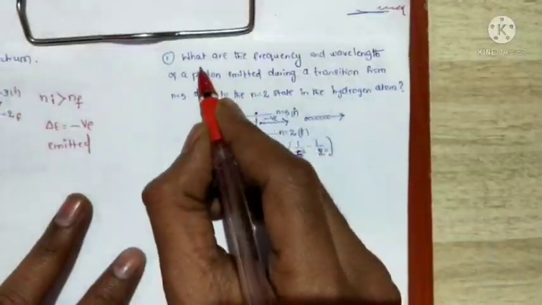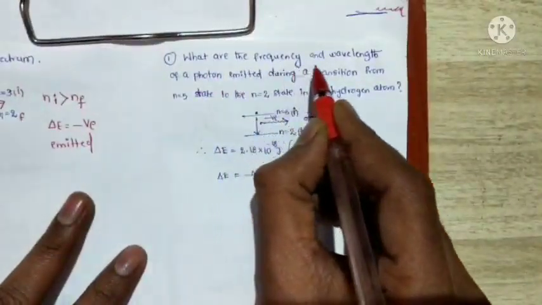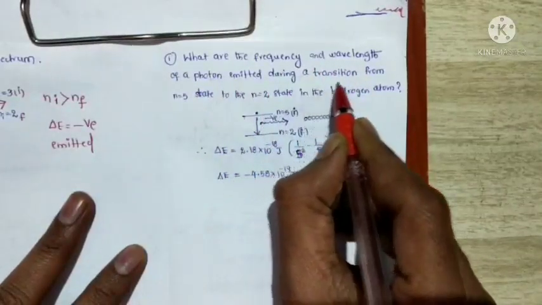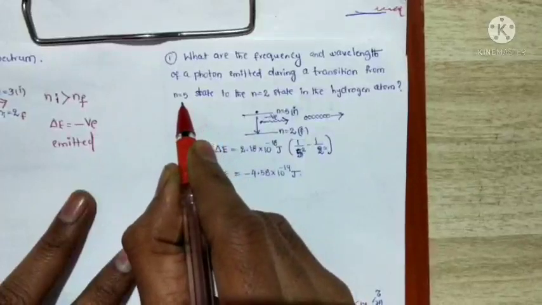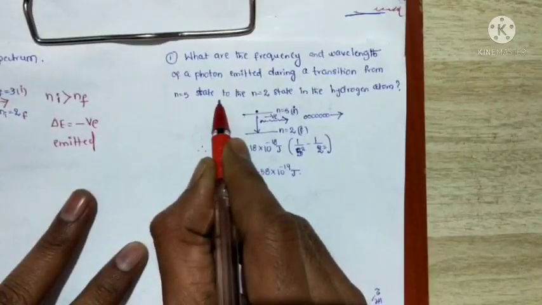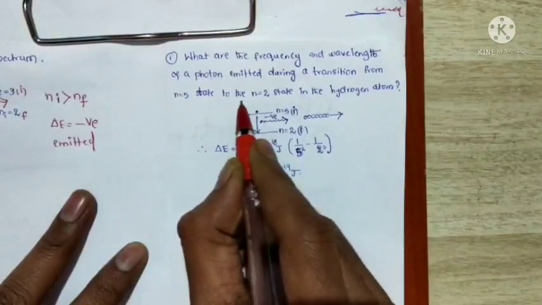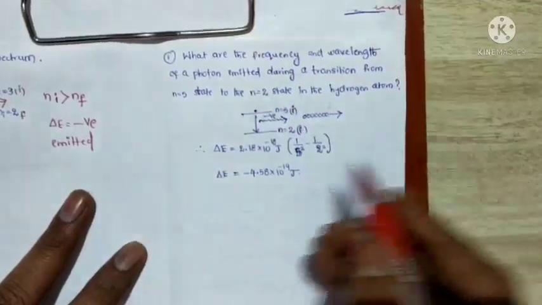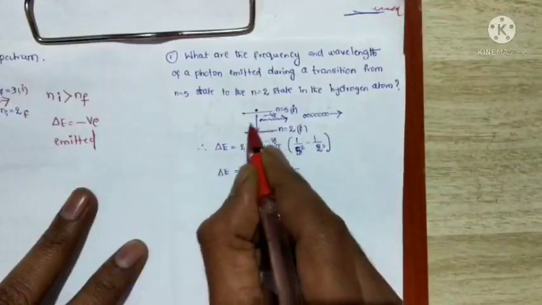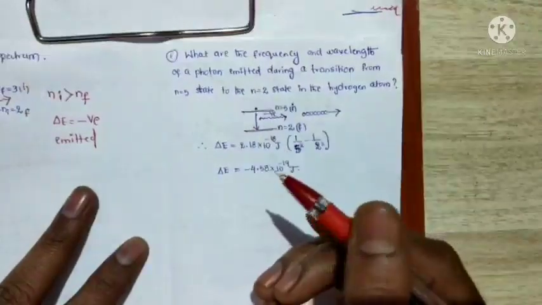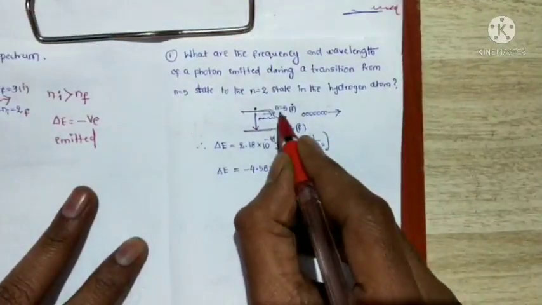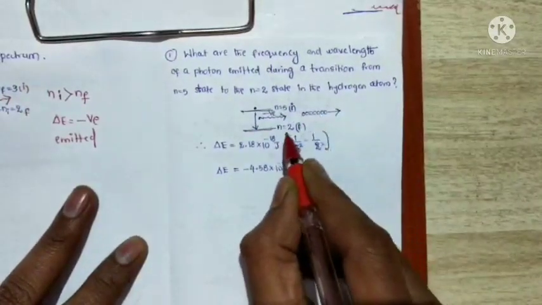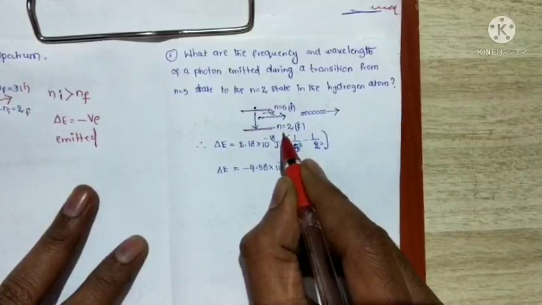Okay, if you want clarification, do this problem. What is the problem? What are the frequency and wavelength of a photon emitted during a transition from the n equal to 5 state to the n equal to 2 state in the hydrogen atom? For example, here two energy levels are there. n equal to 5 means the 5th level, and the other is the second level.